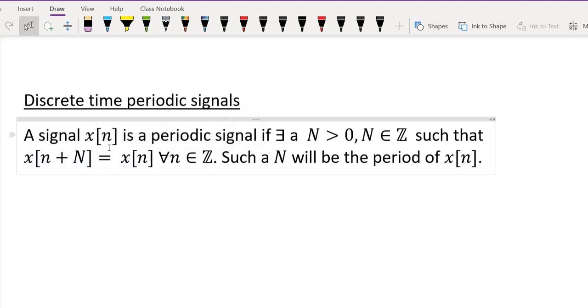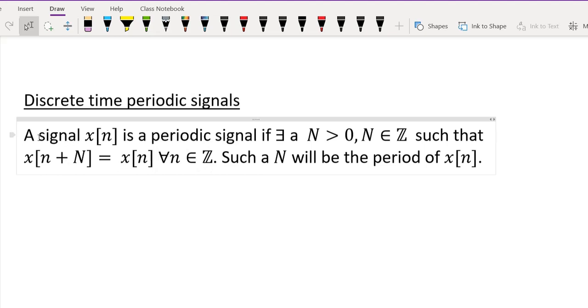A signal x of n is a periodic signal if there exists a capital N greater than 0 and N is an integer, such that x of n plus capital N is equal to x of n for all small n in the set of integers.